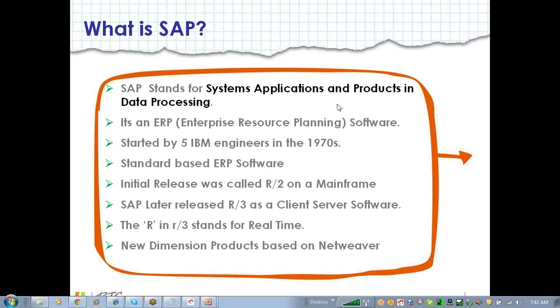ERP is a wonderful concept in the IT world. Following this ERP, not only SAP, so many softwares developed their products. I'm not going in depth regarding ERP: it is planning the resources in an enterprise. It's a kind of methodology.